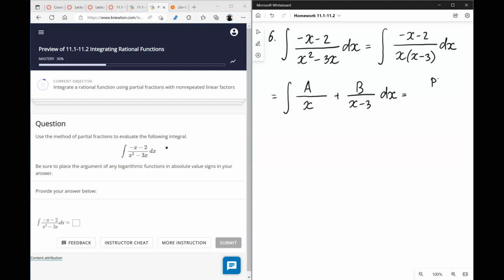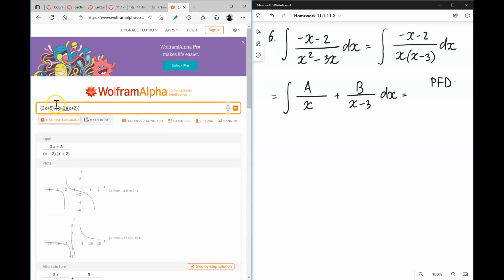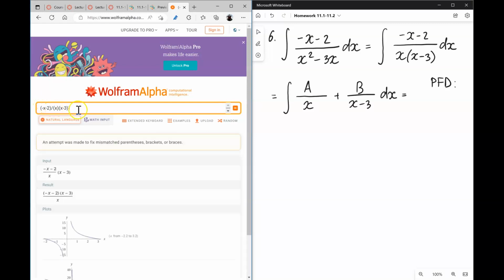Now, to find A and B, we're going to use the partial fraction decomposition. Because it's not a calculus task, I'm going to use technology, just so we can focus on calculus here. But if you're doing this by hand, it may take you a couple, if not more than a couple minutes.